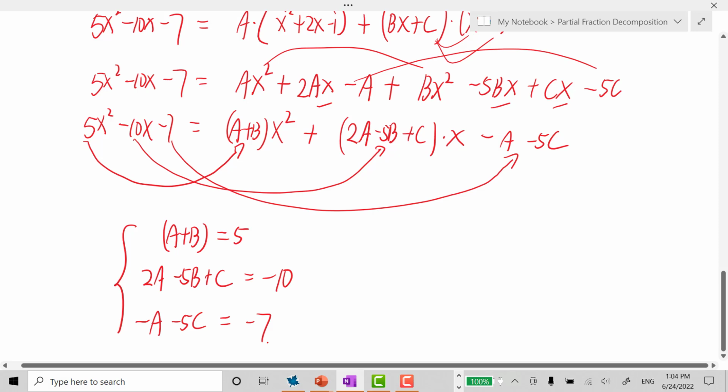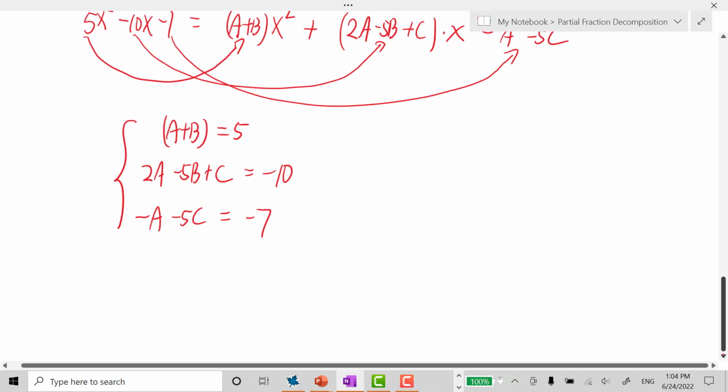Now in this case, we can solve for a, b, and c, right? So one way to do it is, for the first equation, get a by itself. We can easily get a by itself, so a is equal to 5 minus b. Okay.